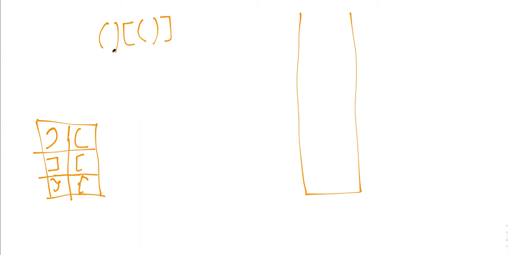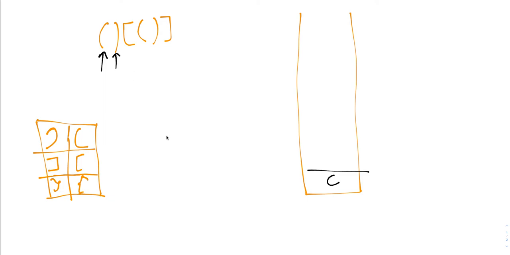So let's loop through our string. Let's see the first element. Here we have an opening parentheses. First of all, we need to check if this element is a key in our map. As you can see, it's not a key. It's a value, but it's not a key in our map. That means that we're going to push that element into the stack.